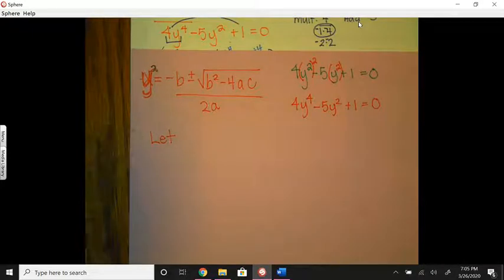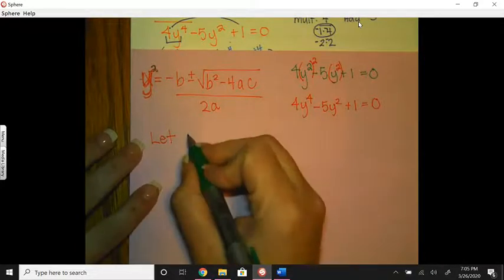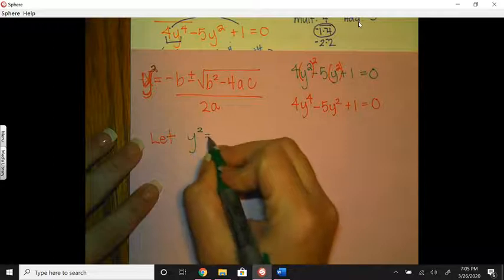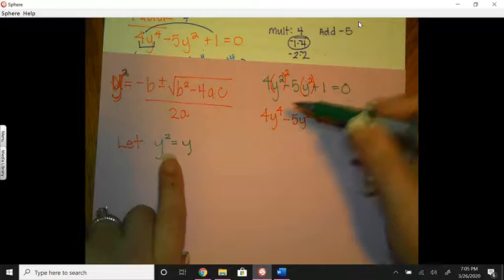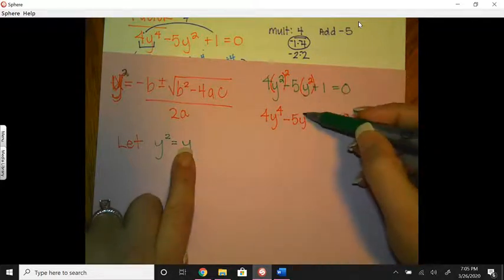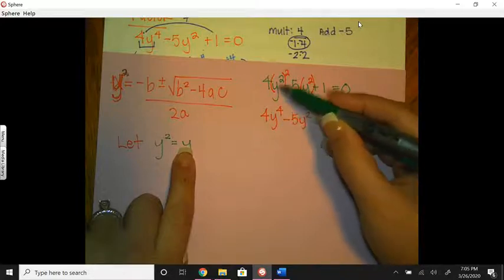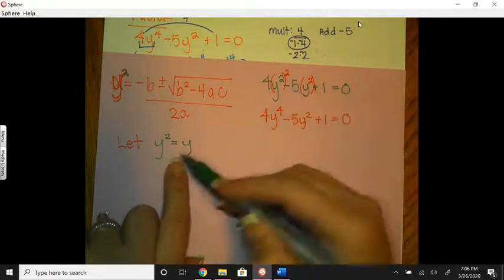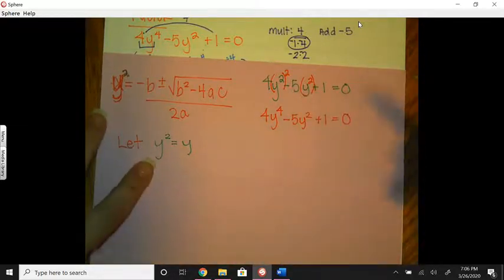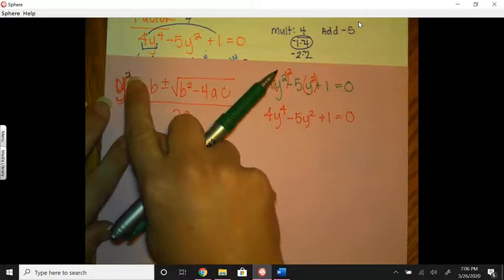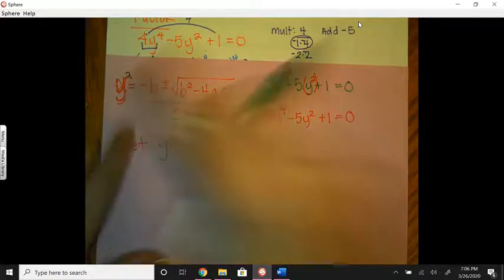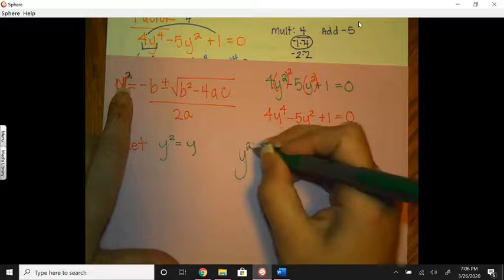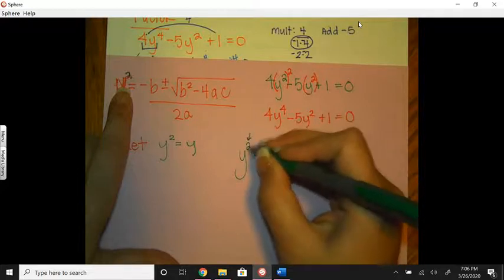Another way to think about it is that you're letting y squared be y. I know that's really weird to think about, but you're replacing the y squared with y, so this would be a y, and then this would be y squared squared. So you're making a substitution there. So that's why we're just going to square our final answer. We're going to use the quadratic formula, but we just have to square it there.